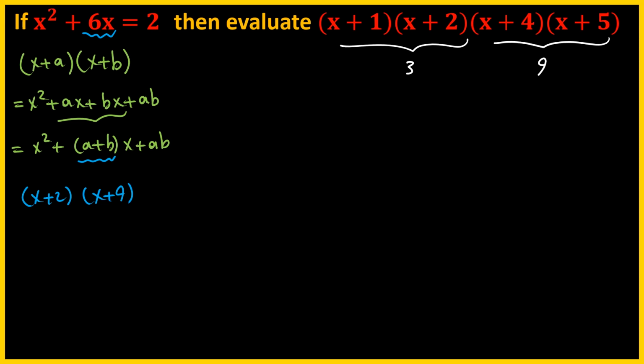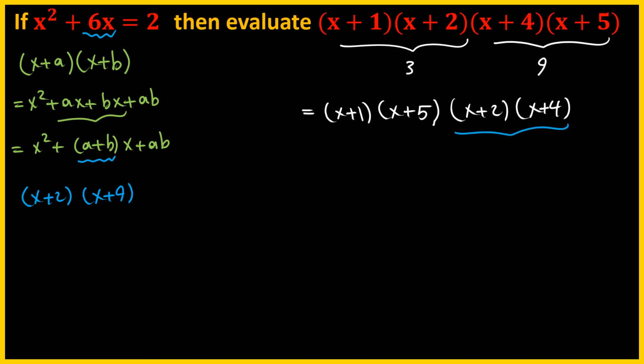So I'm going to rewrite this expression as x plus 1 times x plus 5, because 1 plus 5 is 6, and then if we multiply these two out, we should get 6 as the coefficient of x, and the quantity x plus 2 times x plus 4. And again, if we multiply these two factors out, we should get 6 as the coefficient of x.